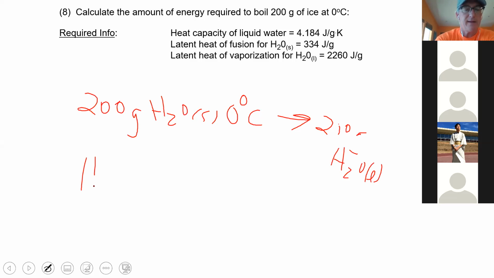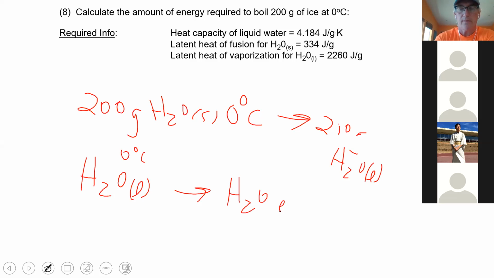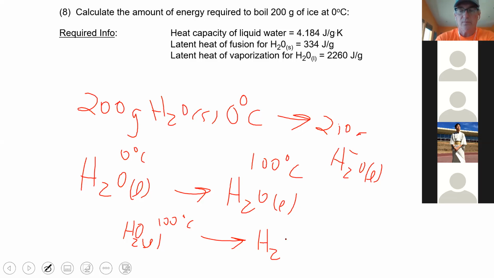Then I need to take my liquid water at 0 degrees and make it liquid water at 100 degrees. Then I need to take my liquid water at 100 degrees and change it to water vapor at 100 degrees.